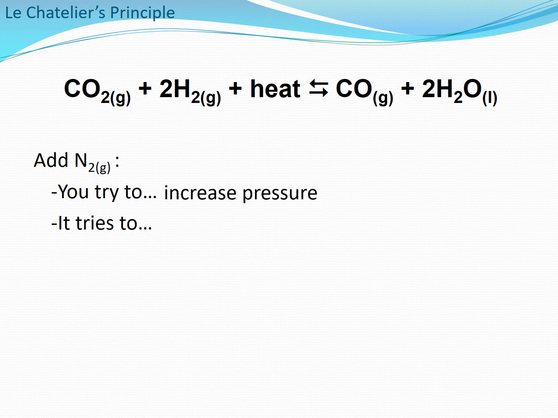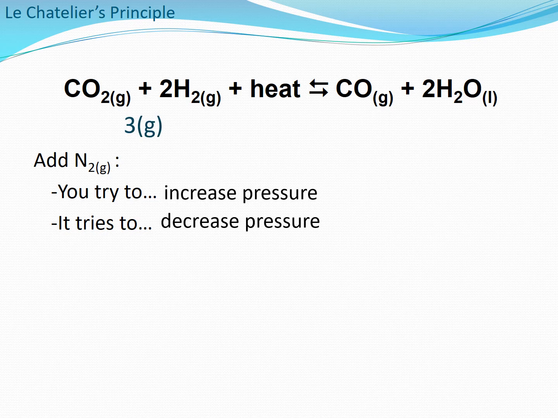And if I'm trying to increase pressure, the system is then going to try to decrease pressure. And how is it going to do that? Well, to increase pressure, I could add gas. So in order for the reaction to decrease pressure, it is going to want to decrease the amount of gas. And if I look at the equation, on the left-hand side, I have a carbon dioxide and 2 hydrogen gas molecules. So that's a total of 3 gas molecules on the left-hand side.